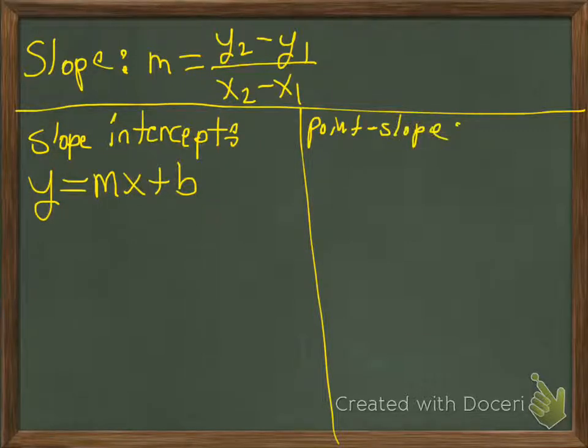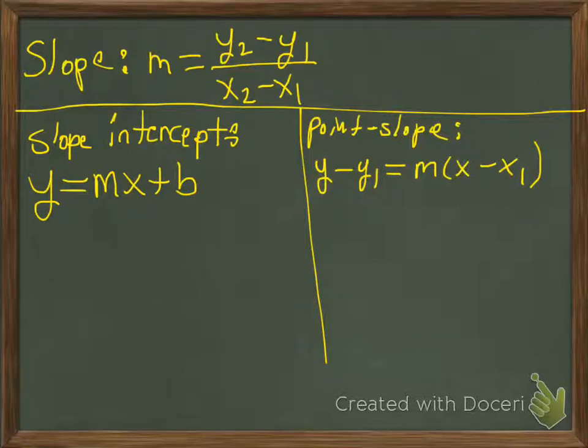And that is going to be y minus y1 equals m times x minus x1, where m is slope and x1, y1 is a point that will be given. Both of them will give you the same answer. It's kind of a preference of which one works for you. A lot of students like y equals mx plus b, so you go ahead and use that. I personally like the point-slope formula, but use what works best for you.